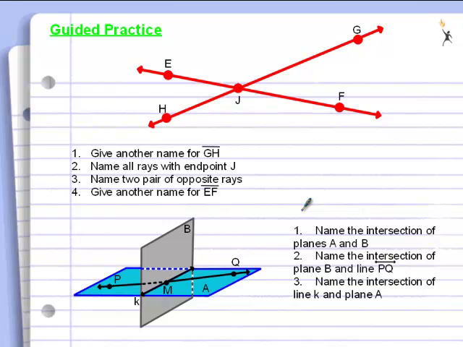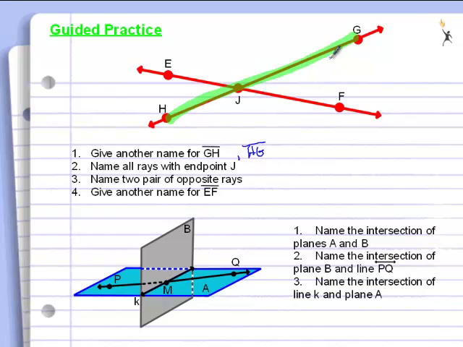The first thing we want to do is, number one, give another name for line segment GH. Notice how this does not have the arrows going in either direction, so it is merely talking about the line segment GH. What is another way that you could label that line segment? You could merely flip the letters around and call it line segment HG.